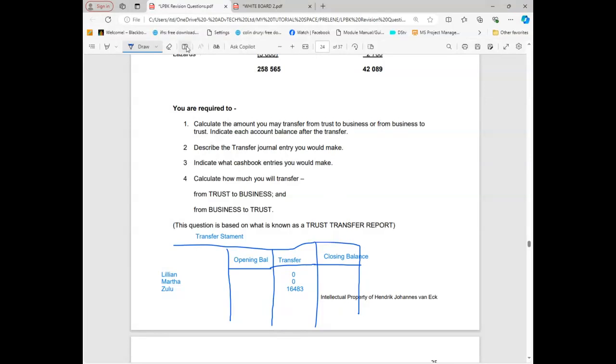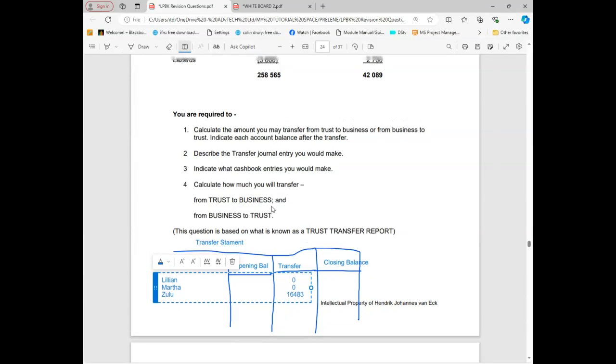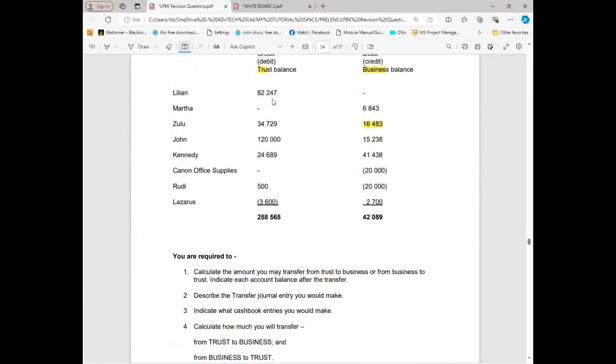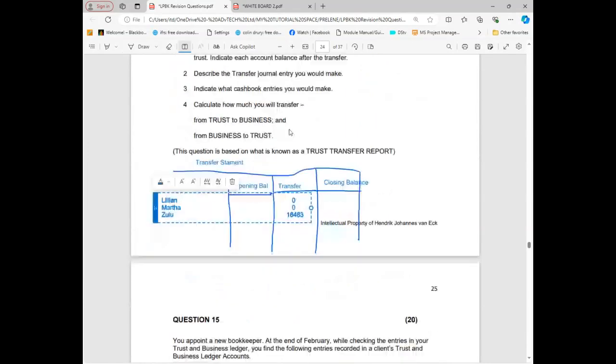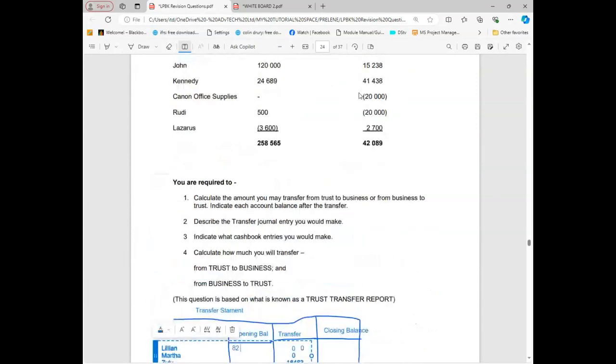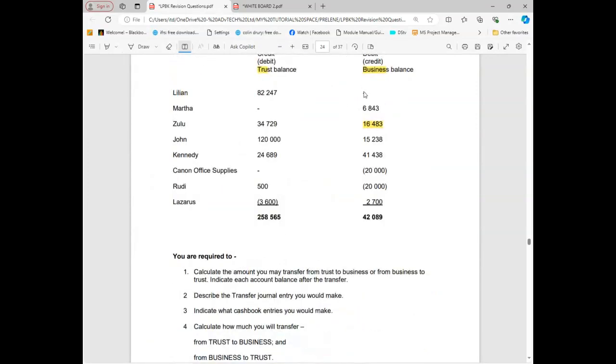Maybe you can improvise. Let's say this is Lillian, and then you can put the balance here. Let's say the balance for Lillian was how much? This was 82 trust, right? Yes. Say 82,247.